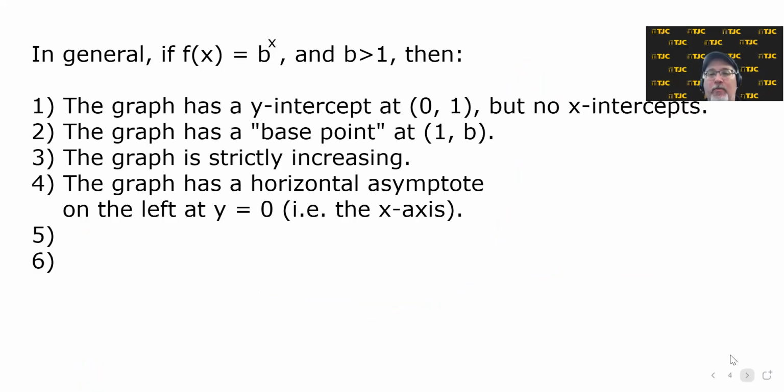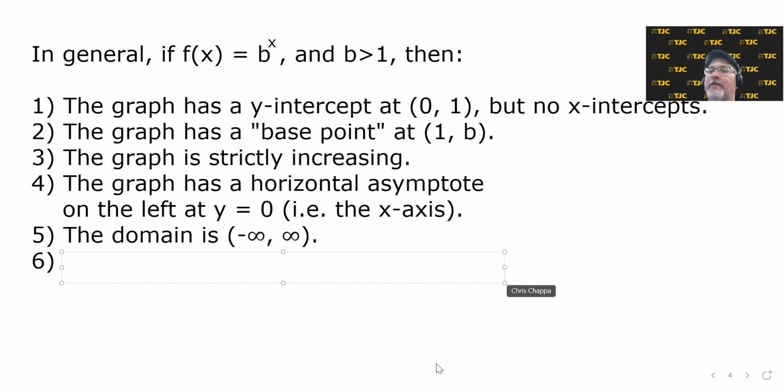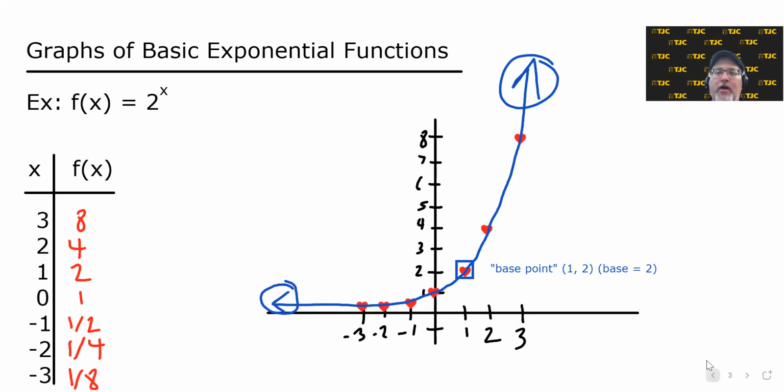And what does that make its domain? Well, any graph that goes forever left and forever right has a domain from negative infinity to infinity, meaning all real numbers, but not so much for the range. The range are the y values. So visually, it's bottom to top. Now, this graph goes up forever, which means the range goes to infinity, but it does not go down forever because it hits the ground, or does it?